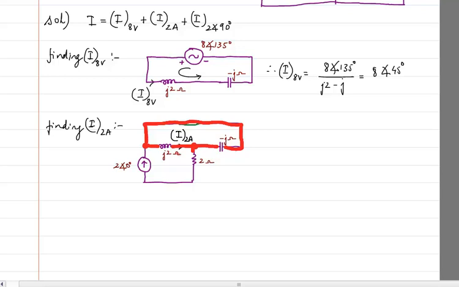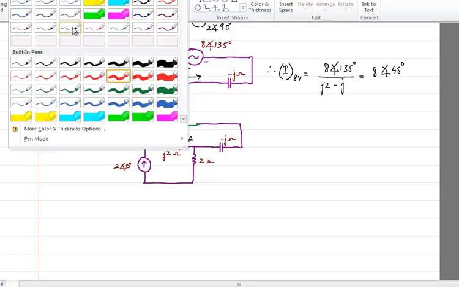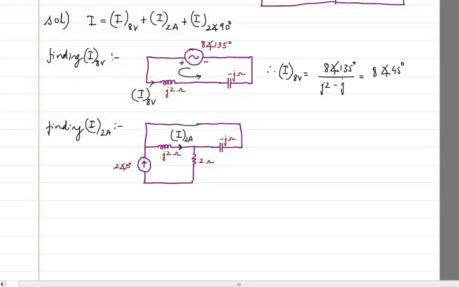So what I can say is that there will be a flow of current which will be dividing. There will be a current division that is going to take place. The current is going to be divided into this branch and this branch. So in that case, I can simply apply the current division rule.